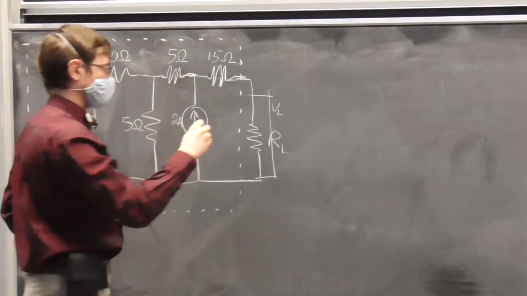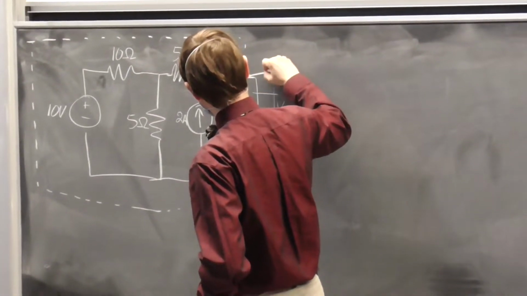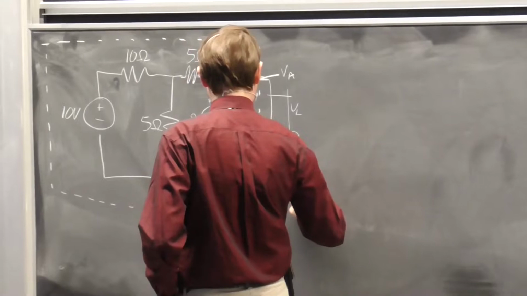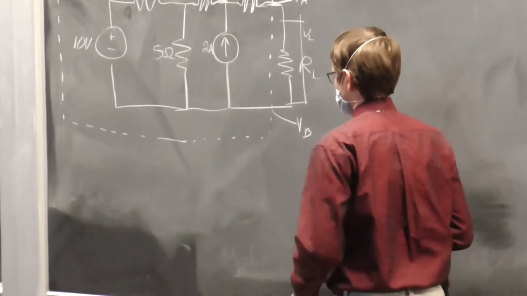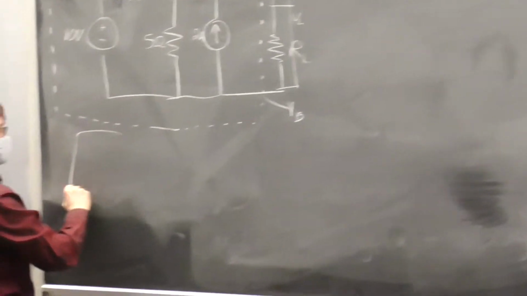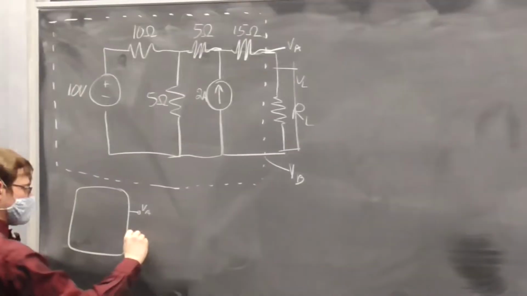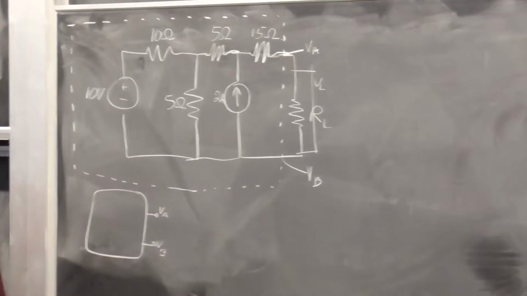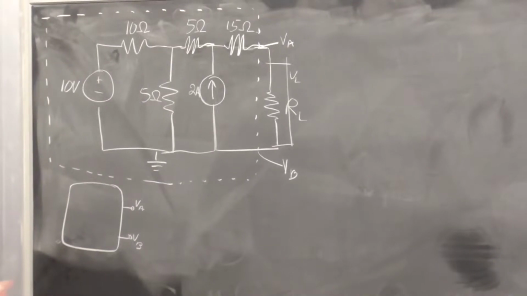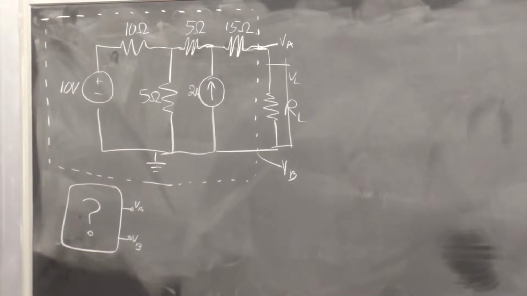We'll call this VA. We'll call this VB. With everything inside of the box abstracted, we end up with something that looks like this. Now, let's just connect that to ground. So, we have a big old question mark going on in there right now.